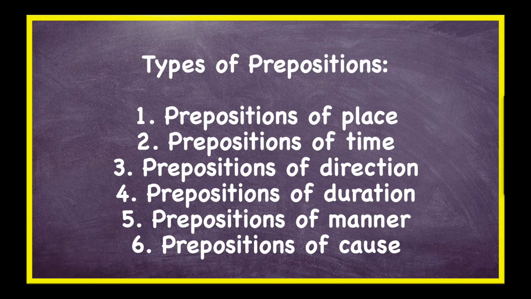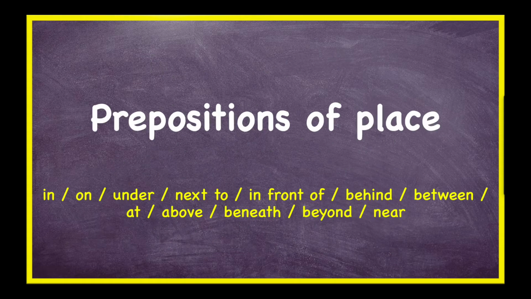So here we go. Prepositions of place. Now this is where you want to talk about where a noun is in relation to another noun. All right, so where is it? Is it in the box, on the box, under the box, next to the box, in front of the box, behind the box, between the 2 boxes, right?